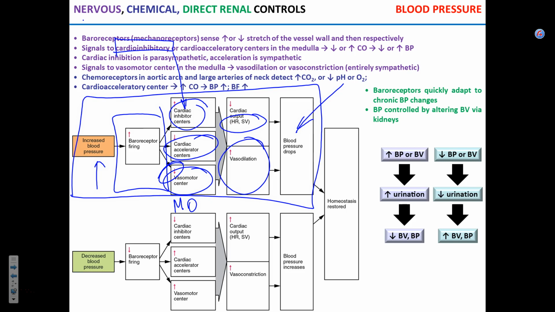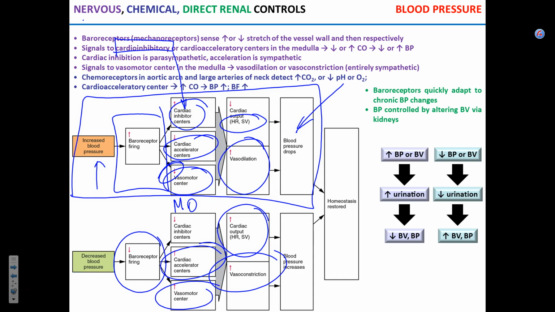Now, in case of low blood pressure, say blood loss, baroreceptors pick up reduced stretch, stimulate cardioacceleratory and vasomotor center, that increases heart rate and contractility, increasing stroke volume, increasing cardiac output, and vasoconstriction occurs.